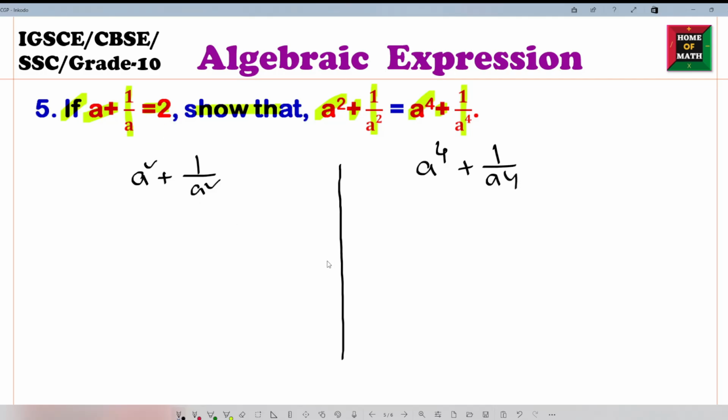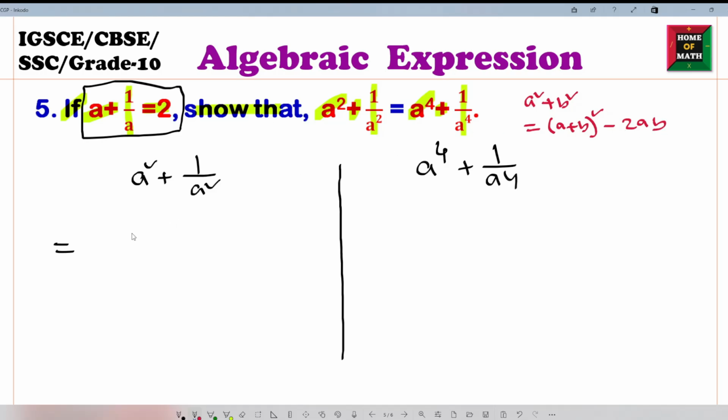Otherwise we cannot prove a square plus 1 by a square equals a to the power 4 plus 1 by a to the power 4, and we get something, which is a plus 1 by a equals 2. So here we know the theory: a square plus b square equals a plus b whole square minus 2ab.